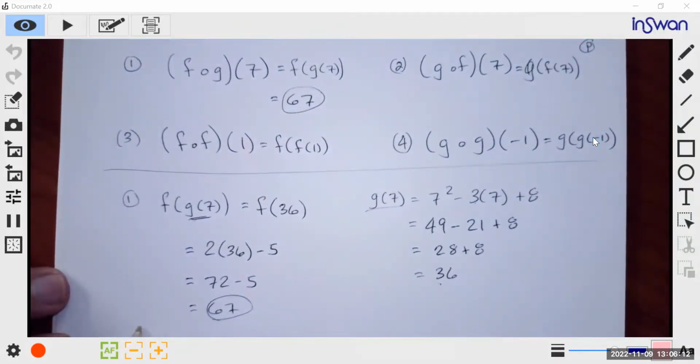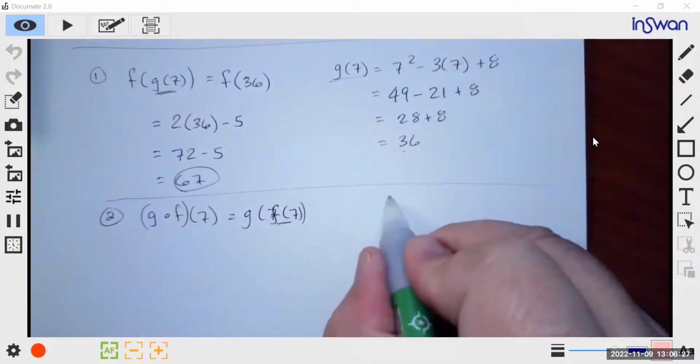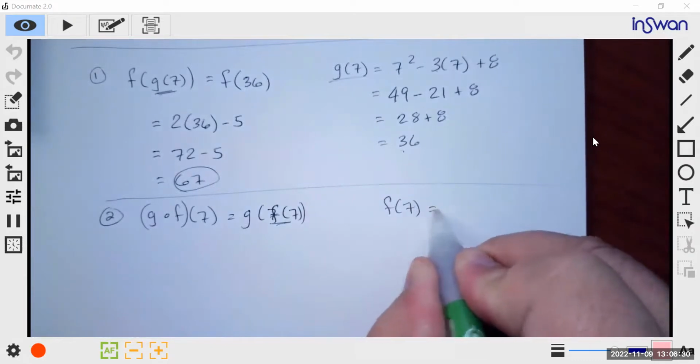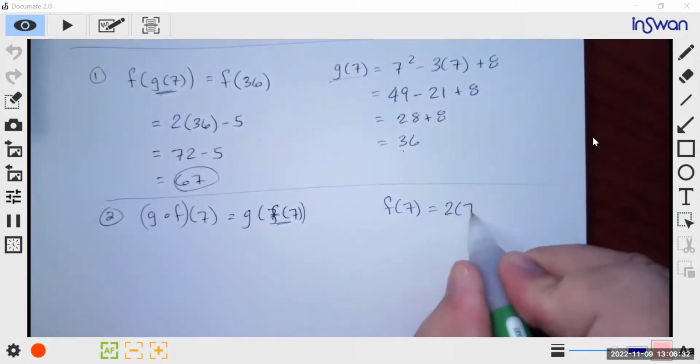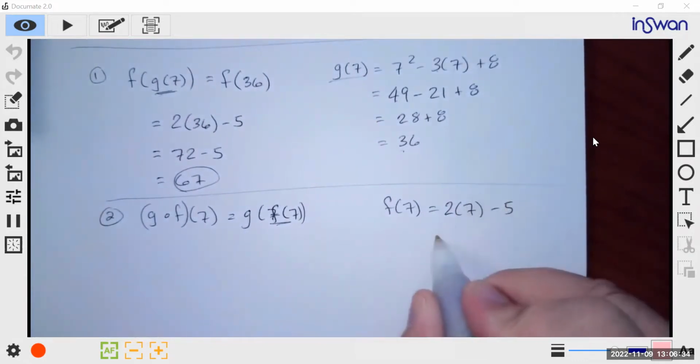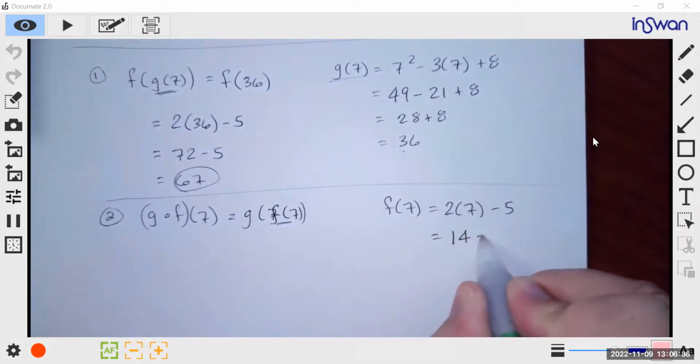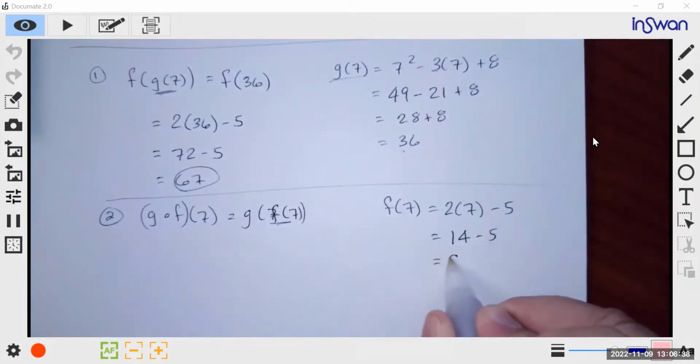So far, so good. Let's try number 2. g of f at 7. So the first thing we have to do is find f of 7. That's 2 times 7 minus 5. 14 minus 5 is 9.